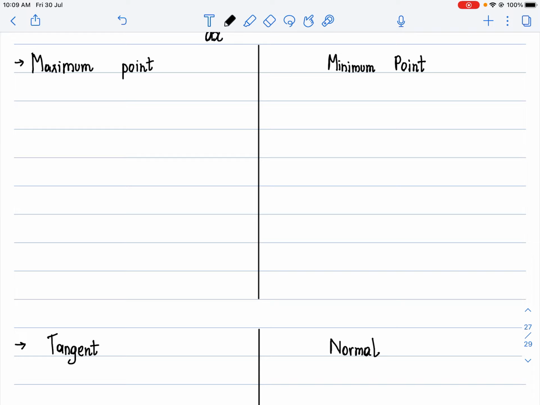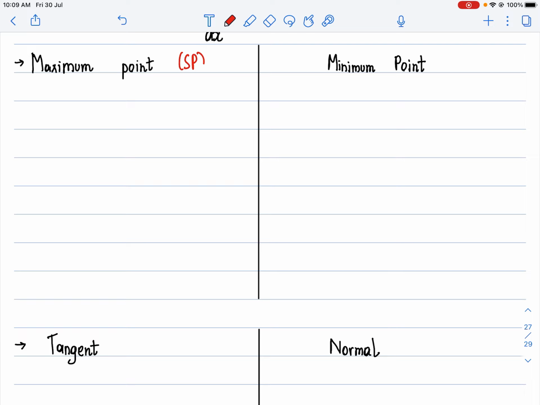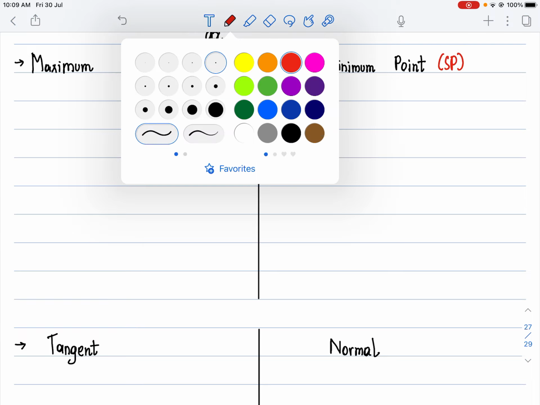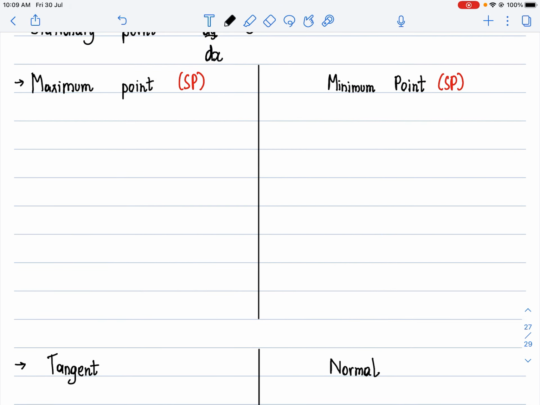You should know that both of these are stationary points. At both these points the gradient is equal to 0. But now to determine whether it's a maximum or a minimum point, you need to calculate the f double dash of x, the double derivative.